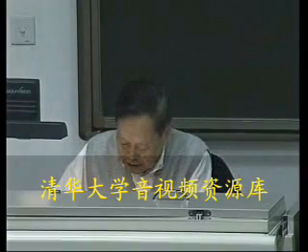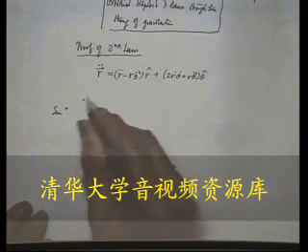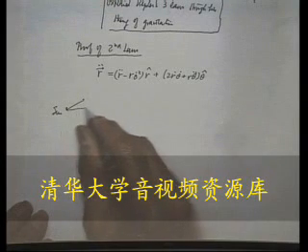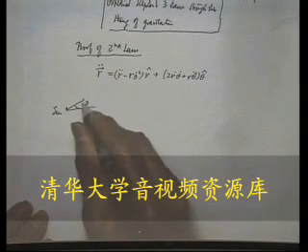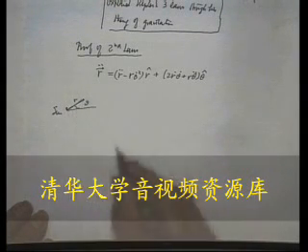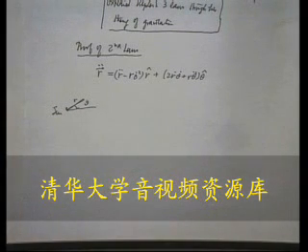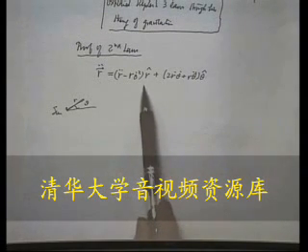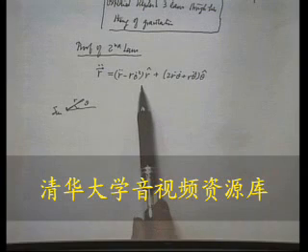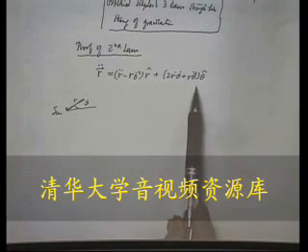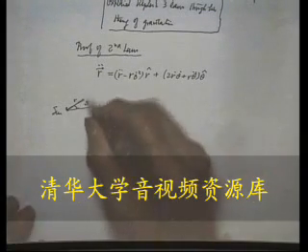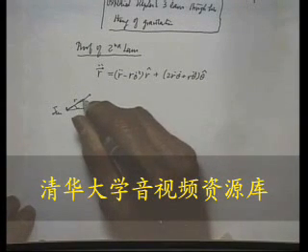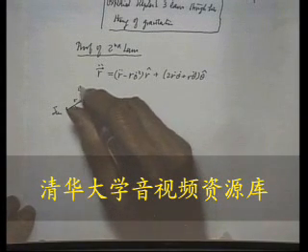If this is the sun, and this is the earth, and this angle is theta, this distance is r. That's called polar coordinates. Using polar coordinates, we found the acceleration has two components. One is along the direction of r, the other is along the direction of theta. This is the direction of r, and the direction of theta is perpendicular to it.